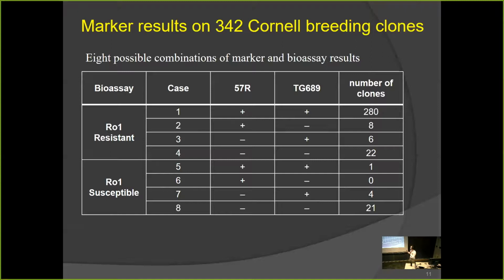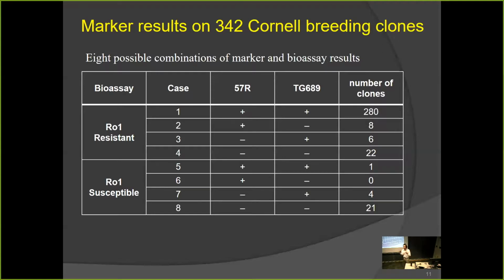So depending on the combination of the results of the PCR tests and the bioassay, I could divide them into 8 different cases. For example, if a clone was resistant in a bioassay and showed a positive result in 57R and TG689, the clone belonged to case 1.